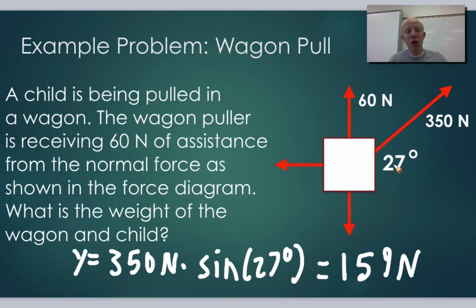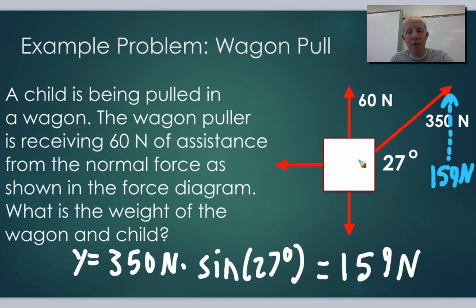Okay? So what does that mean? That means if we looked at the y component of the vector, this part right here, that is equivalent to 159 newtons going up. Okay? So now we have two forces in the y direction. We have the 159 newtons going up from this force. We have 60 newtons going up from this force.